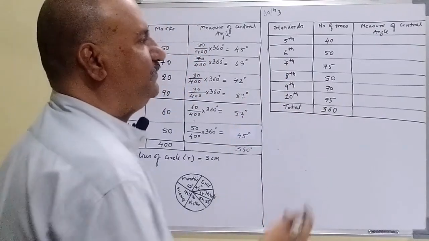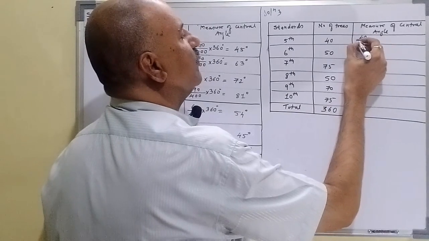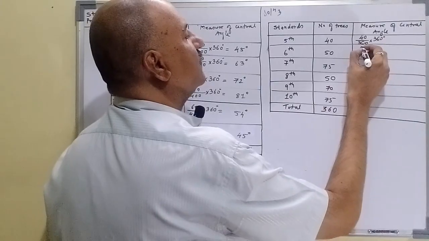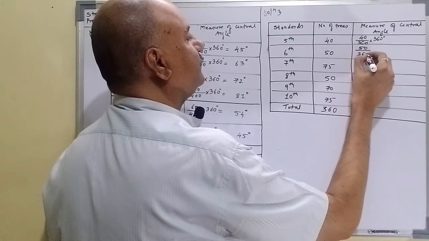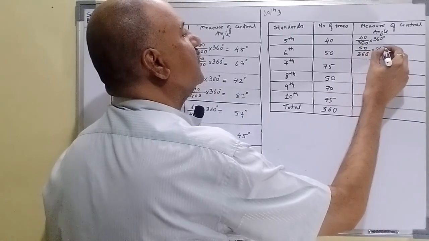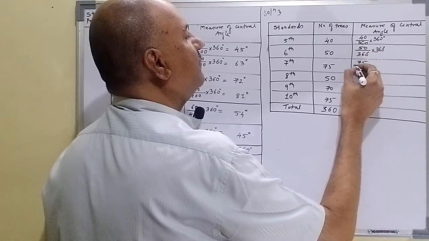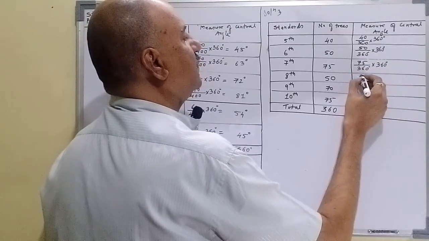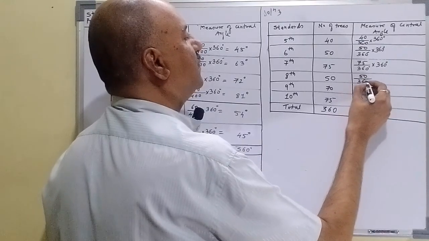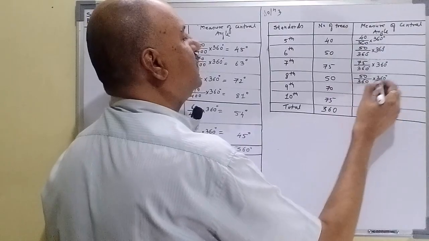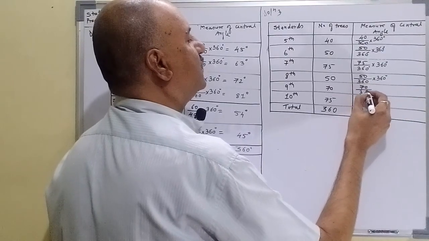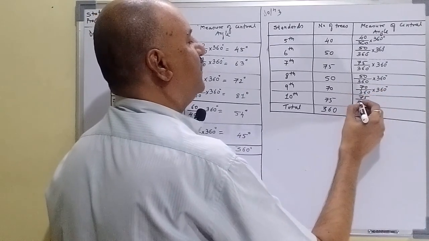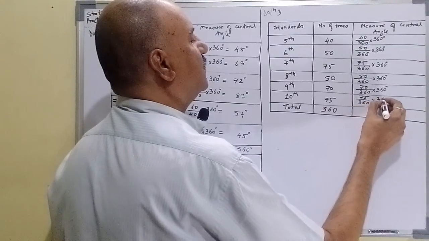Now this will be simple. This will be 40 upon 360 into 360 degrees, 50 upon 360 into 360 degrees, 75 upon 360 into 360 degrees, 50 upon 360 into 360 degrees, 70 upon 360 into 360 degrees, and 75 upon 360 into 360 degrees.